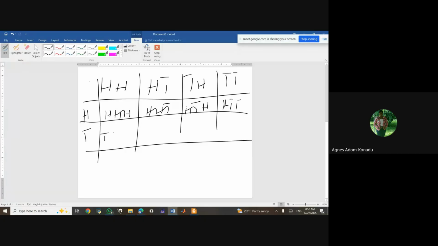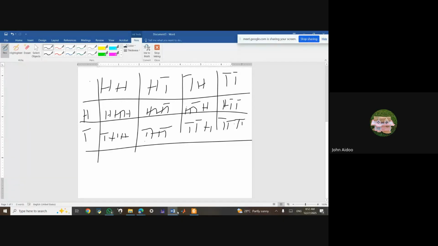Then you can have your tail head head, tail head tail, tail tail head, and then your tail tail tail, like this. Are you okay? Yes, please.